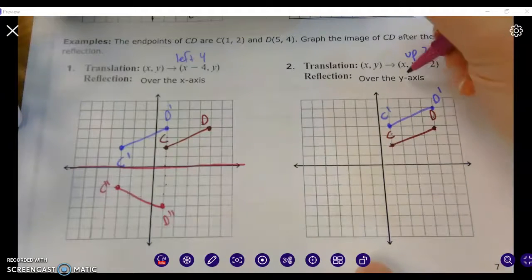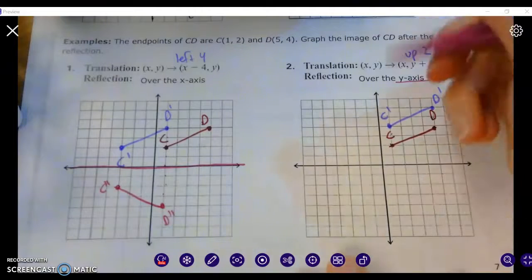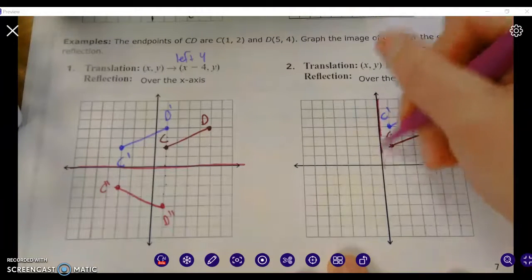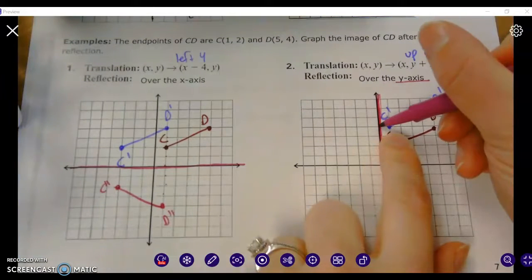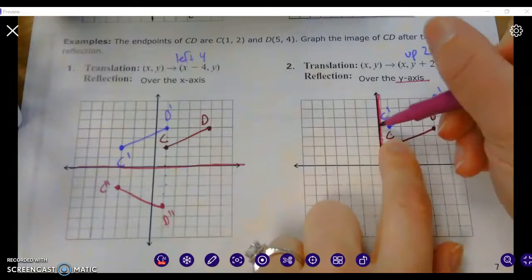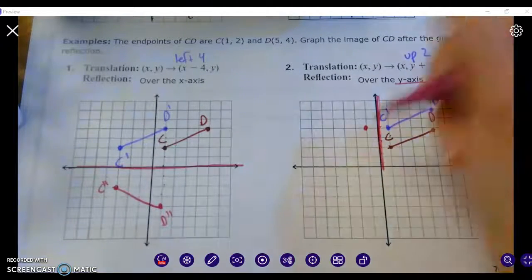Okay, and then a reflection over the y-axis. So that y-axis is going to be opposite from the last question. So we're flipping it over that line. Then C is 1 away from the y-axis, so I'm going to count 1 away in the opposite direction from the y-axis.